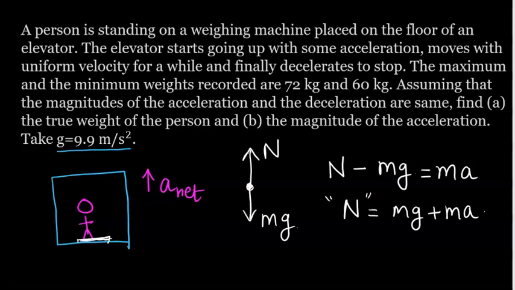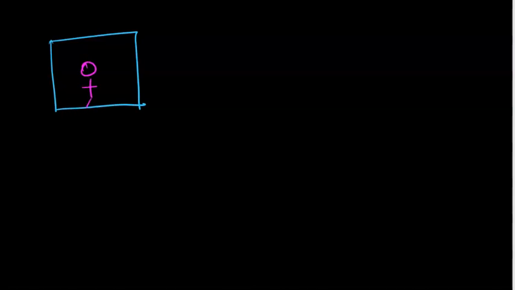Now we will see what happens when the net acceleration is downward. Let me quickly draw the elevator over here. This is the elevator, and this is the person. Let me draw the free body diagram again. mg is downward, normal reaction is upward.